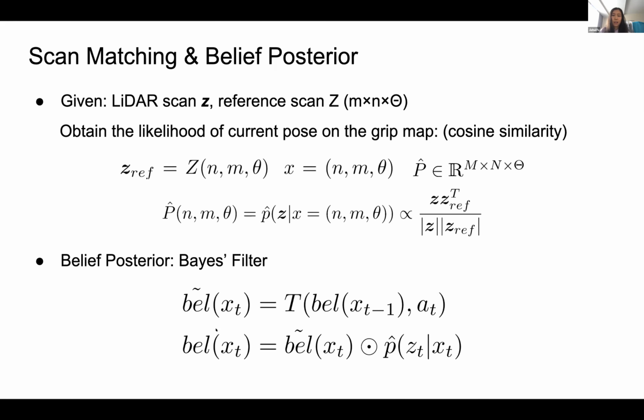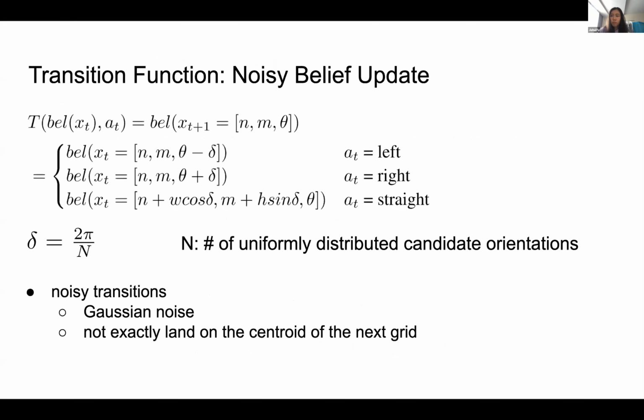Note here that this belief bel tilde x_t is the belief coming from the transition function T, that is, after the agent executes the action from its previous belief at t-1. In terms of the transition function, an action will be sampled from the planning module out of the action space, which produces a goalpost, ideally either the centroid of an adjacent cell at the same orientation or a pure rotation of delta, which is calculated here.